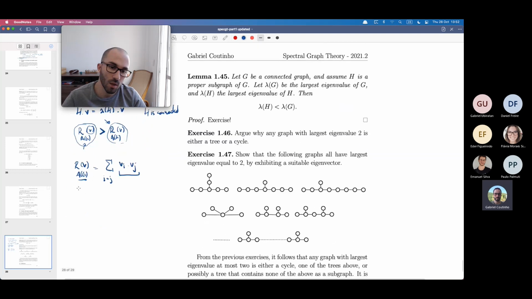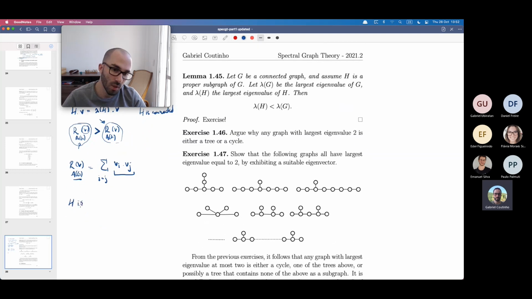After you have finished this, then you can now assume that H has fewer vertices. Then you can assume that H is an induced subgraph of G. Meaning now that you are looking at the full G and you are selecting a subset of vertices, but you're not discarding any edges.